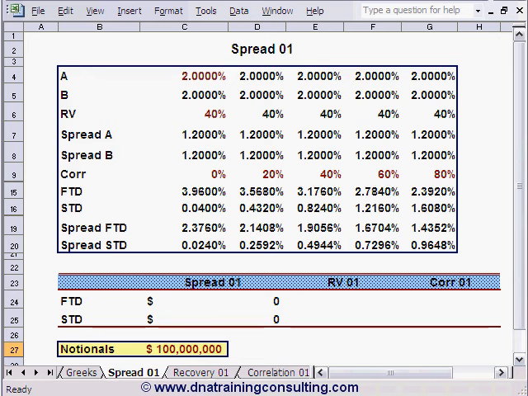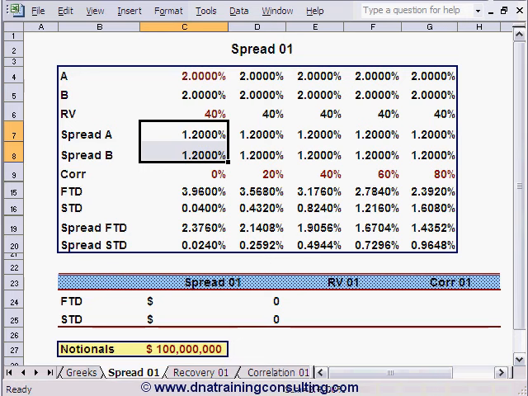To carry out this calculation, we need first to resort to a small trick. We cannot simply increase the spreads of the reference entities in cells C7 and C8 by 1 basis point, since those spreads are actually outputs in our model rather than inputs.